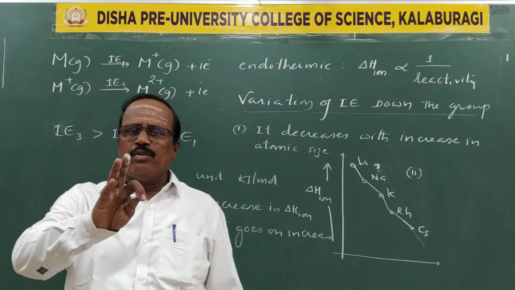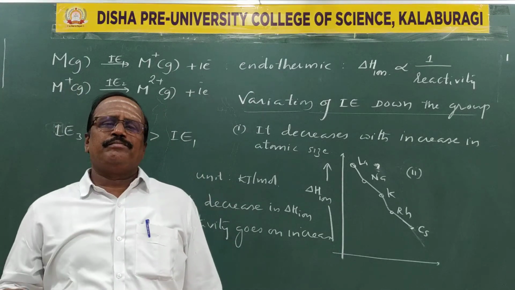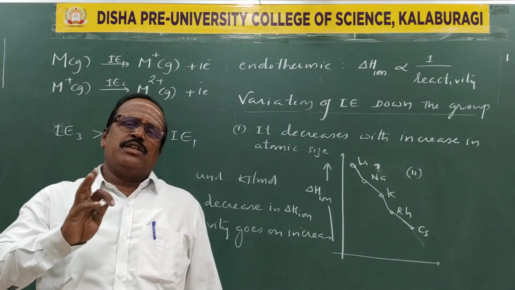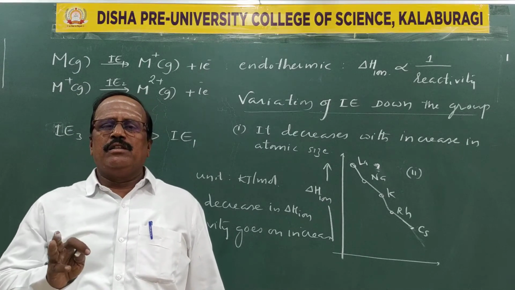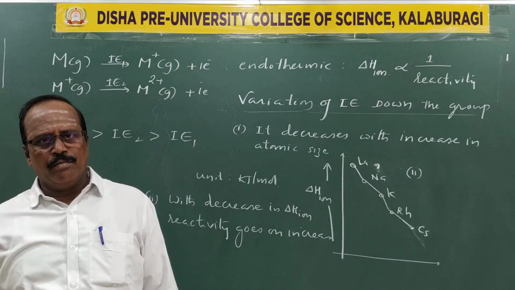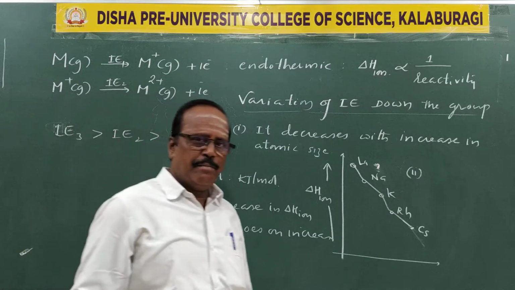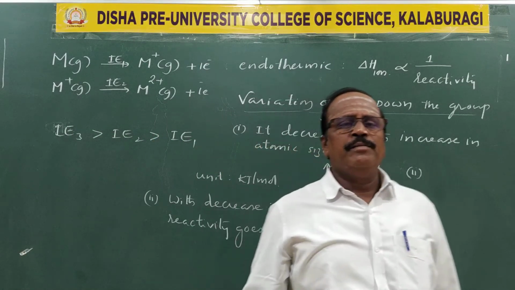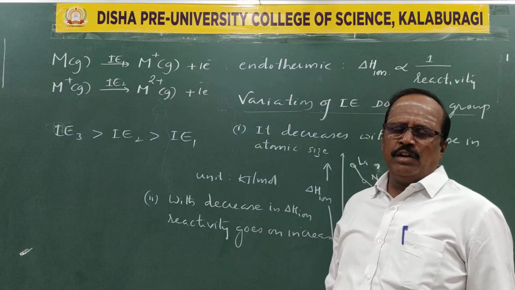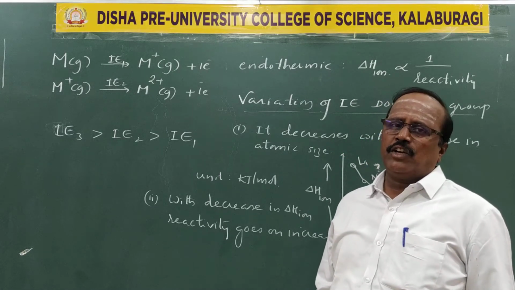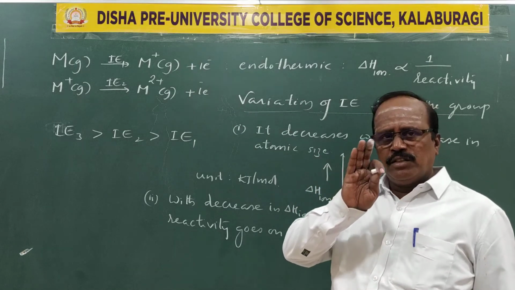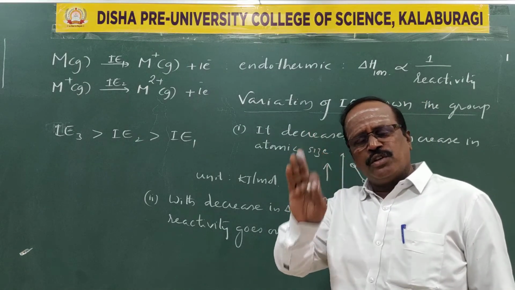So point to be noted, the first group alkali metals have the least ionization energy because atomic size is very large in the periodic table. Once again, if anybody asks you which family, that is the alkali family. First group elements have the largest atomic size, therefore least ionization energy, and they are most reactive.